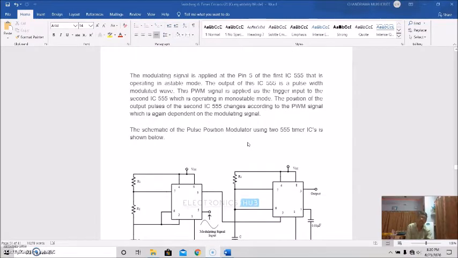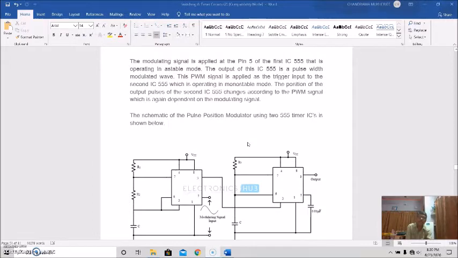The modulating signal is applied at pin 5 of the first IC 555, which is operating in Astable mode, and the second one is operated in monostable mode. The output of this first 555 timer, which is used as Astable, is a pulse width modulated wave.